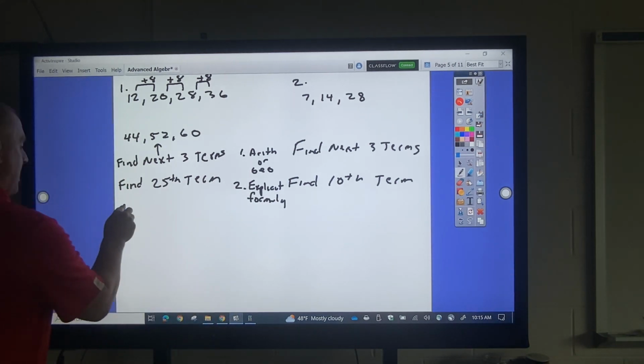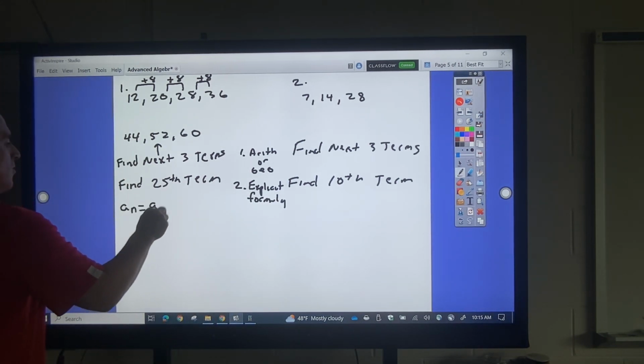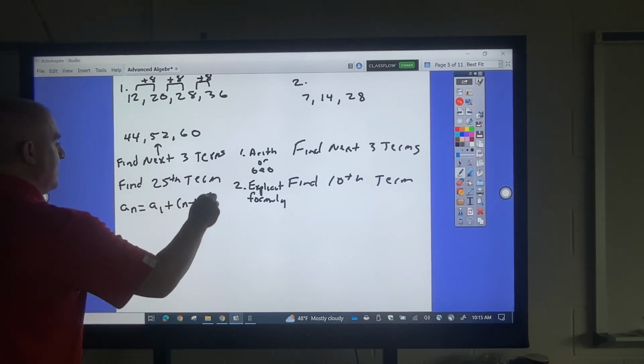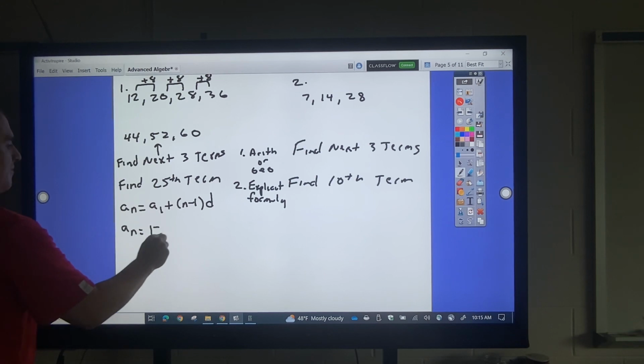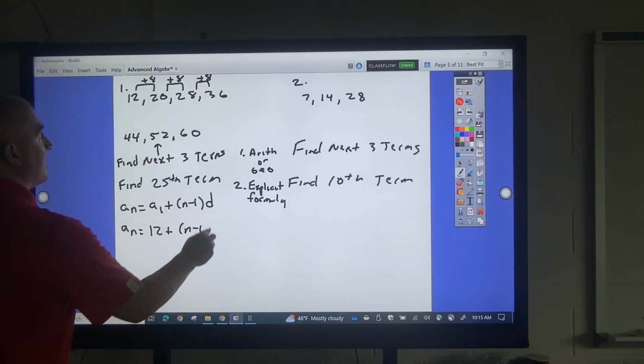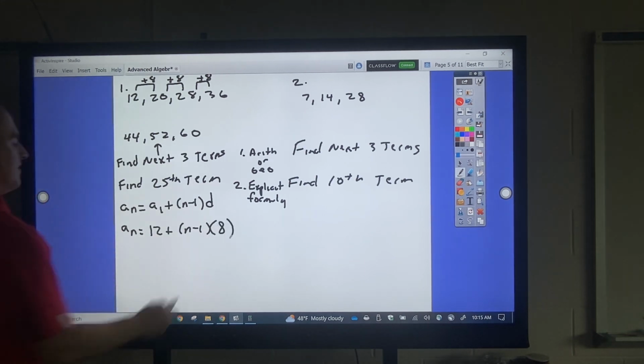So this is A_n equals A_1 plus (n minus 1) times d. My A_1 is 12, my n minus 1, and my difference is 8, so I'm going to put positive 8.